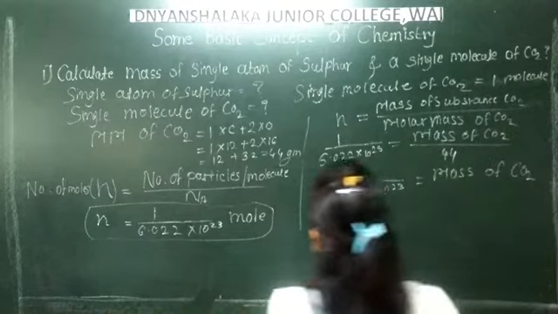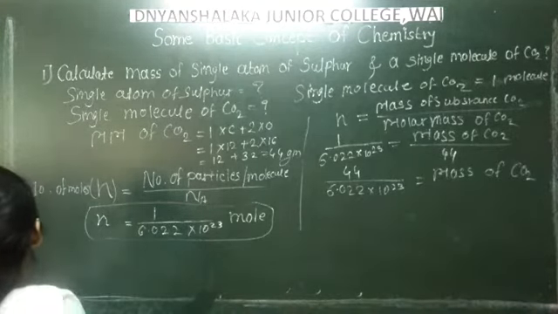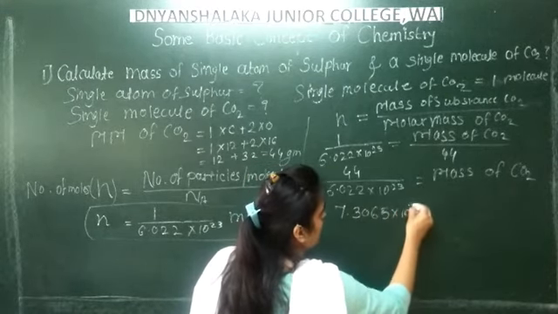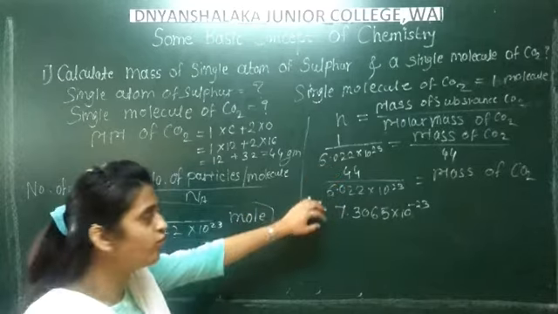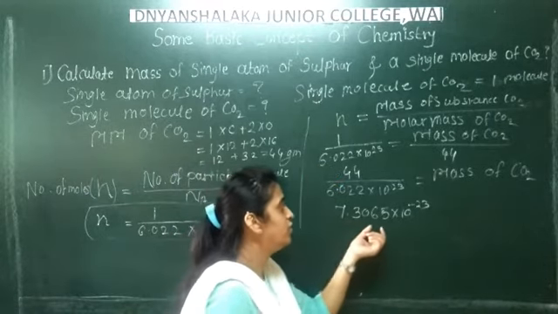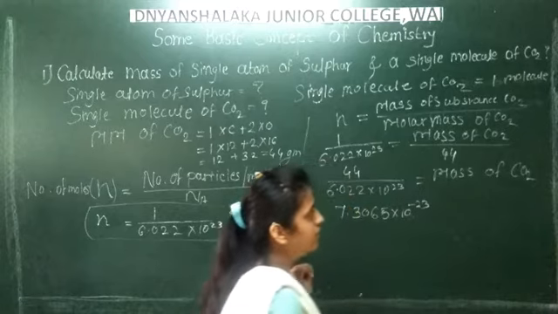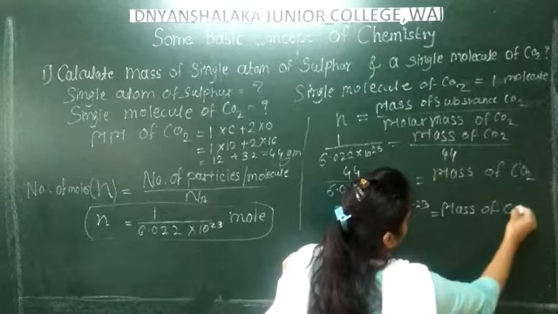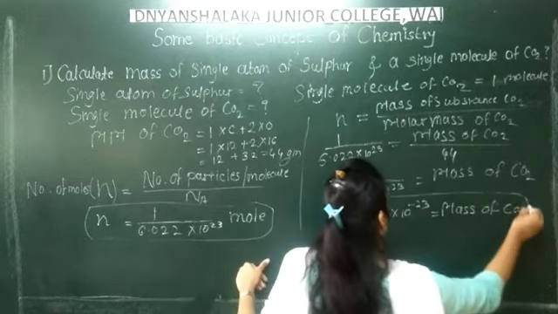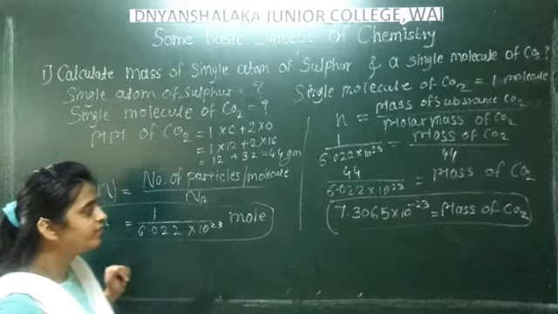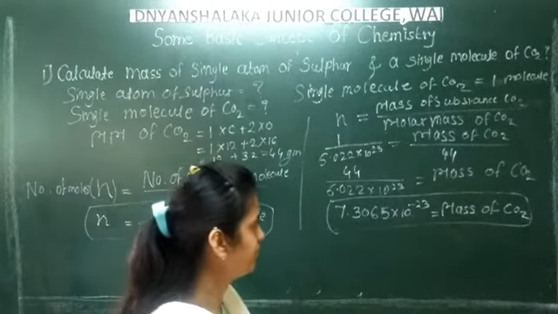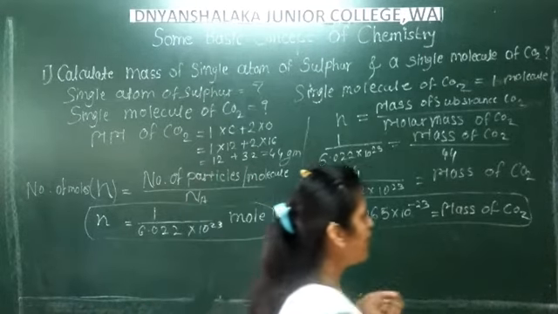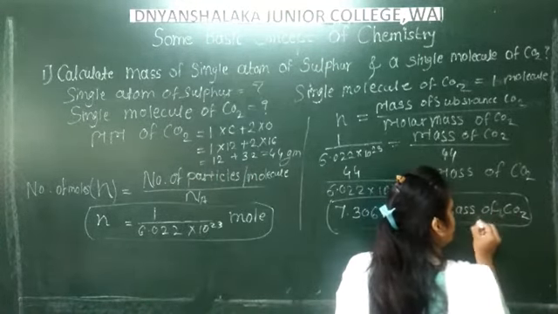On dividing the given values we get the answer 7.3065 into 10 raised to minus 23, which is the mass of a single molecule of CO2.